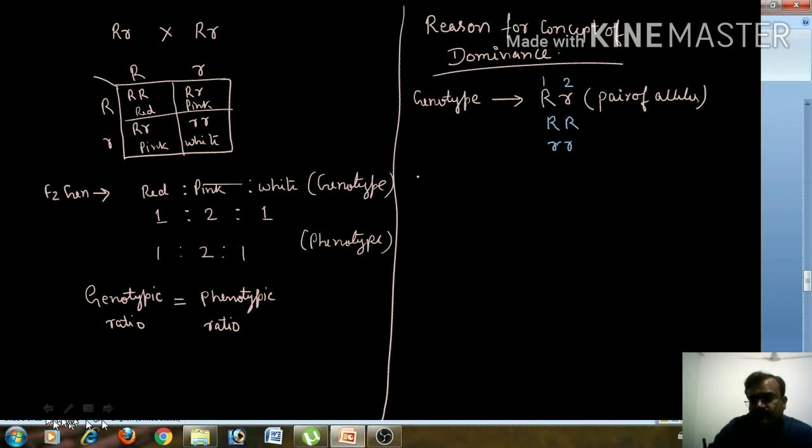This genotype is represented by a gene, and the gene shows its effect by translation of functional protein. If the functional protein is there, we will see the particular phenotype.